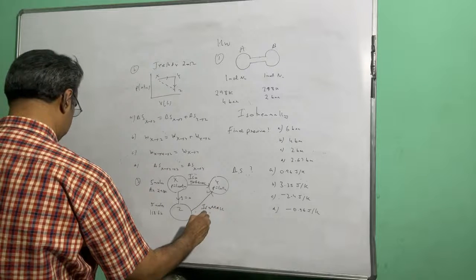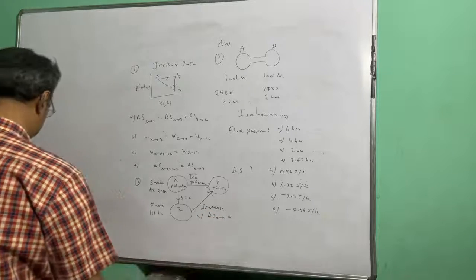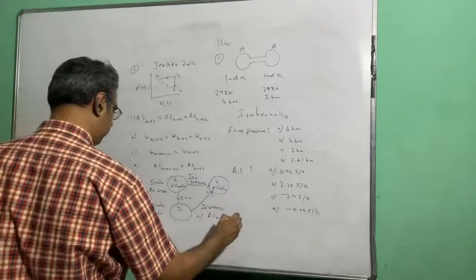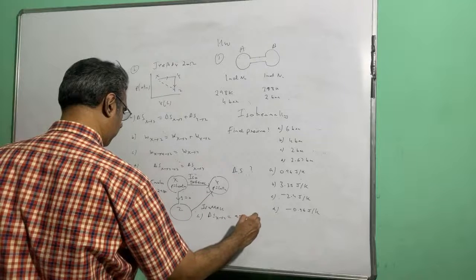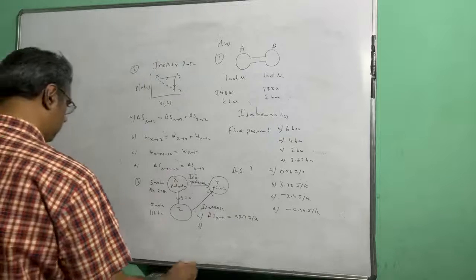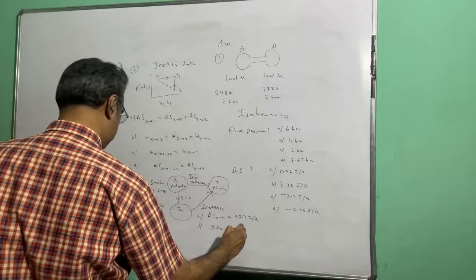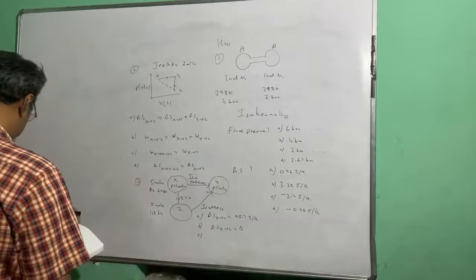So the options are change in entropy from X to Y is 95.7 joule per Kelvin. Change in entropy from X to Z is 0.